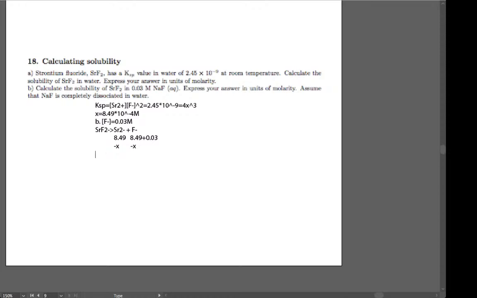The thing should be -1. No wait, this 2.45 times 10 to the power of -9 must equal 8.49 minus x multiplied by 8.52 minus x.